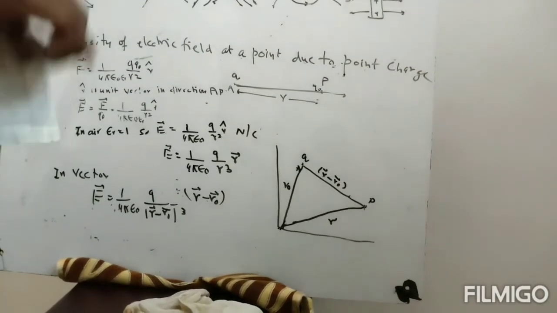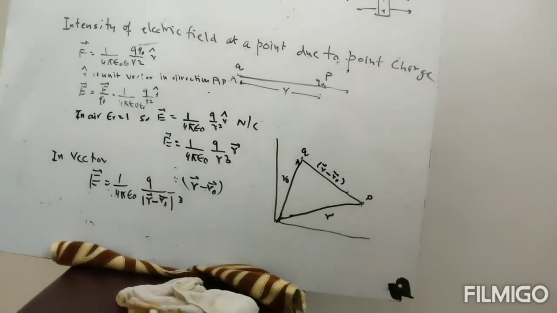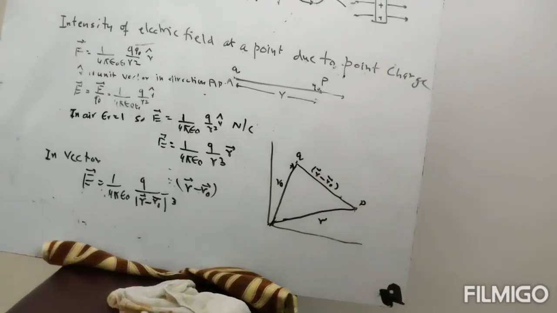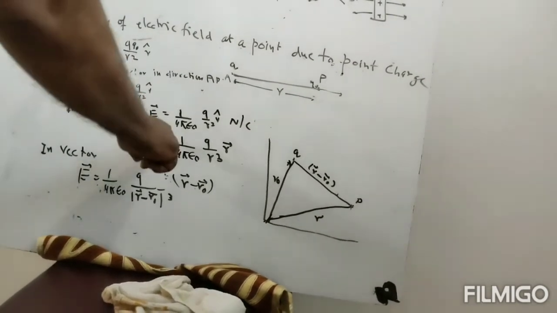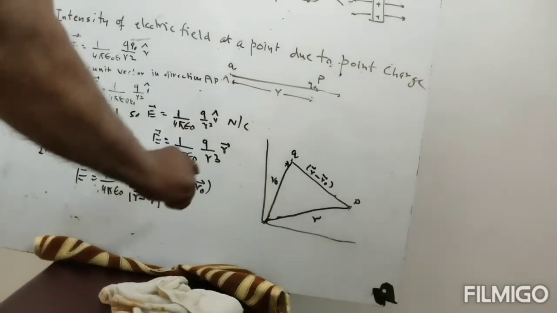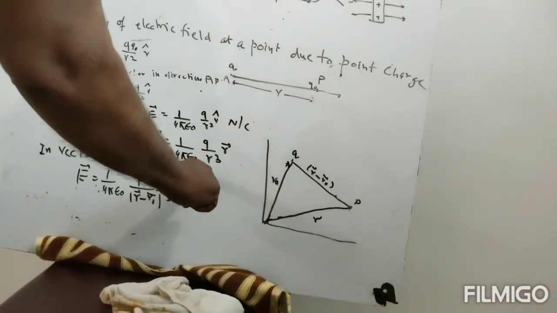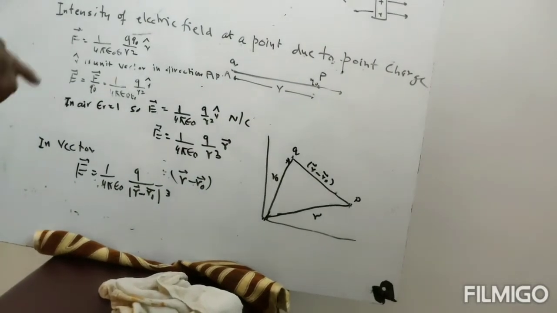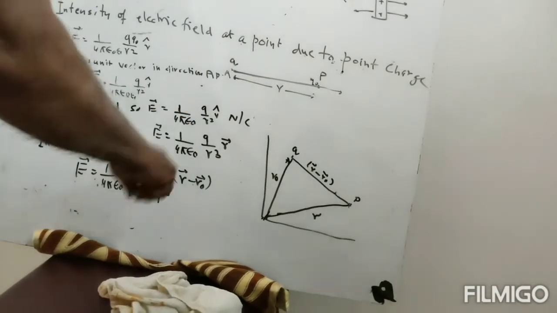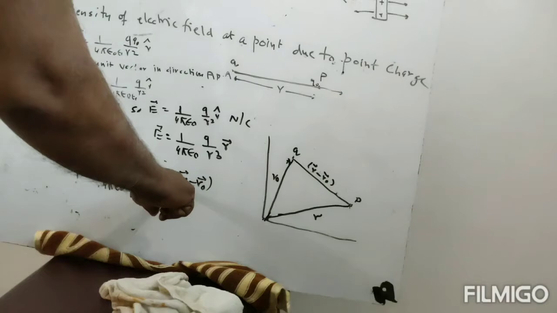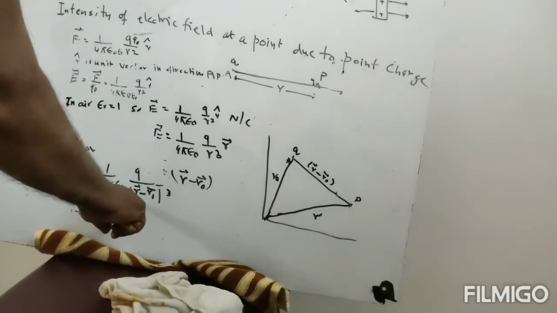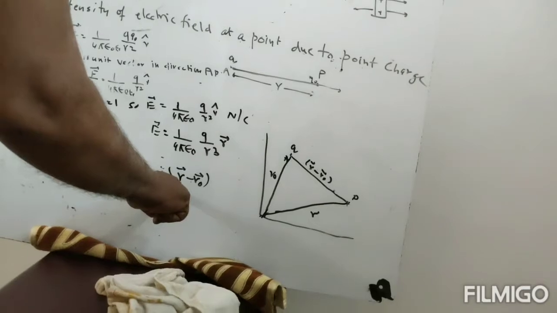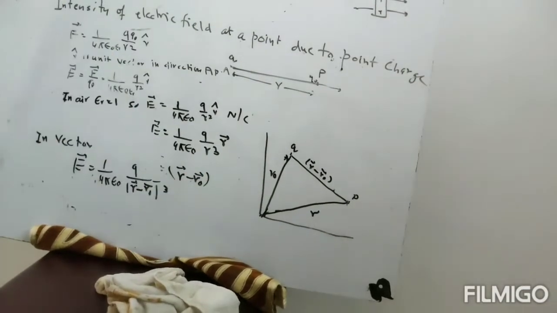Or we can write the electrical field as 1 by 4 pi epsilon 0, Q by R cube into R vector, or we can write this as 1 by 4 pi epsilon 0, Q divided by the magnitude of vector R minus R0 cubed, multiplied by vector R minus R0.